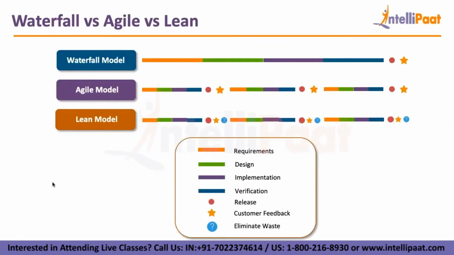So if I were to draw a chart between the two, you can see that the waterfall model said that if, let's say, the orange stage is requirements, once the requirements have been taken in, the design stage has been done, implementation has been done, verification has been done, only then I can release my application. And this is the amount of time it used to take.